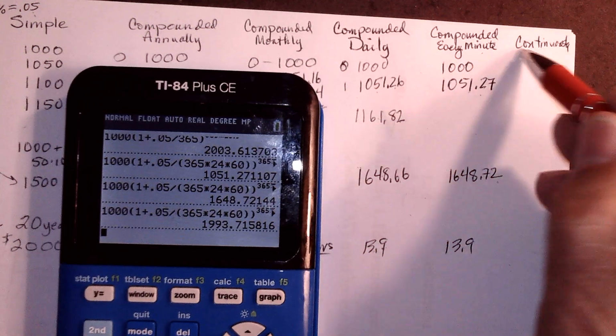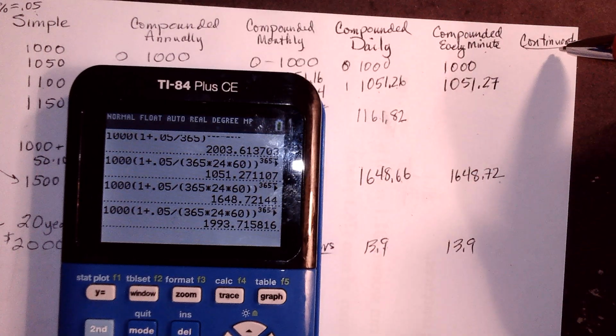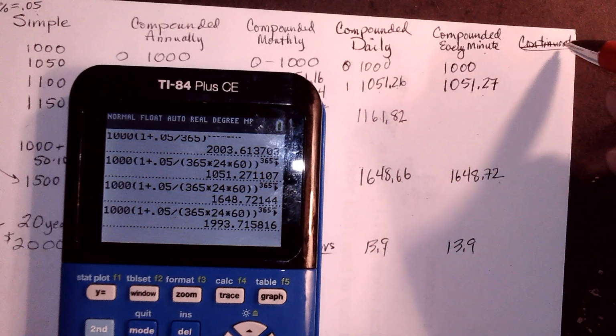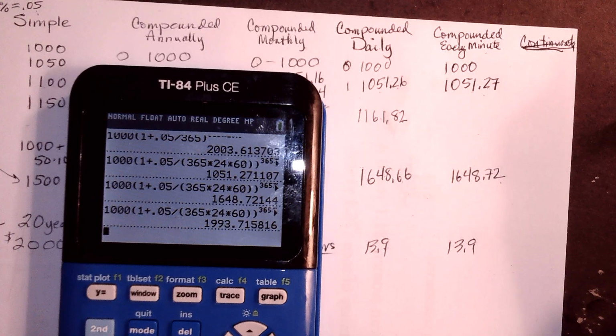So now, how about compounding every millisecond or microsecond or whatever? Well, that's almost continuously. And there's an alternative formula for doing that.